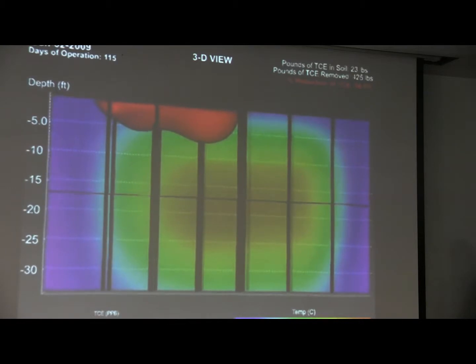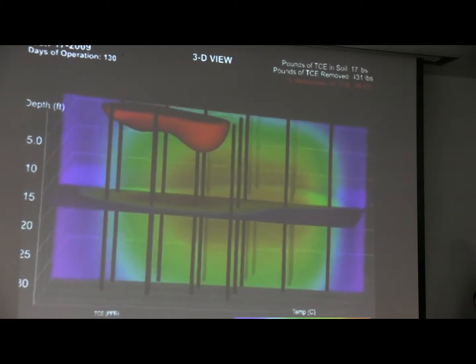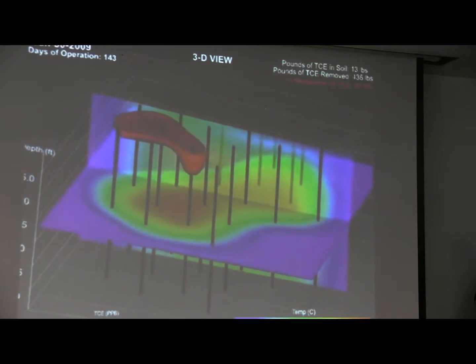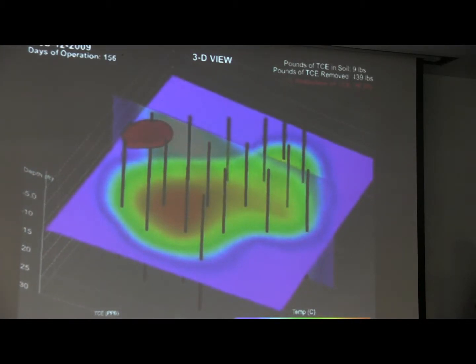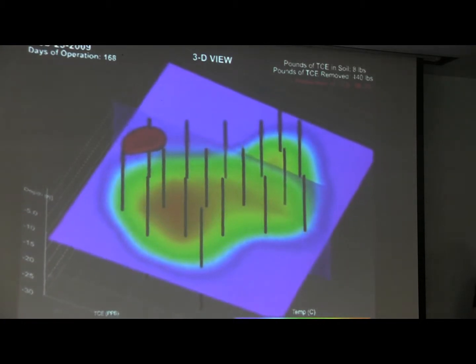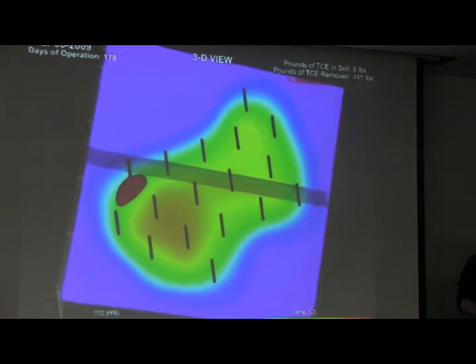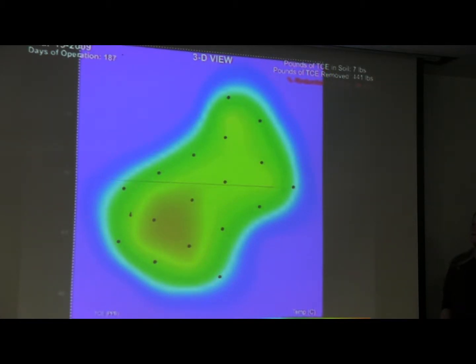Average subsurface temperatures increased at a rate of 1.5 degrees Celsius per day during heat up, and the maximum subsurface temperature reached was 114 degrees C. At the end of ERH, final contaminant concentrations were orders of magnitude lower than the guaranteed remedial goal. Confirmatory soil sampling included independent analysis of 204 soil samples collected from 71 sample locations. Over the 6-month ERH operating period, 600 pounds of contaminant mass were recovered. The contaminant mass was reduced by 98.4%.